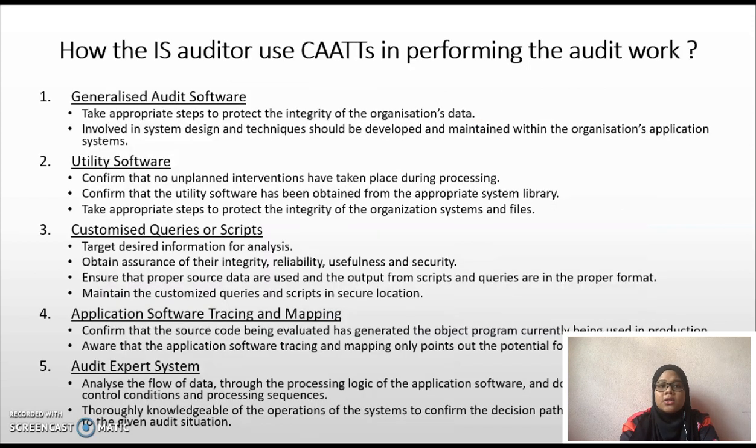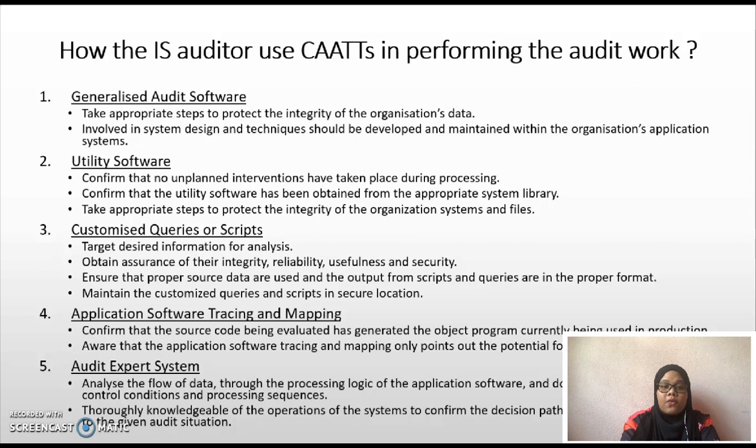Next, how does the IS auditor use CAATs in performing their audit works? I will take a few from here. First, for general audit software, the IS auditor needs to be involved in system design and techniques that should be developed and maintained within the organization's application system. Then, for utility software, the IS auditor needs to confirm that no unpaid intervention has taken place during processing.